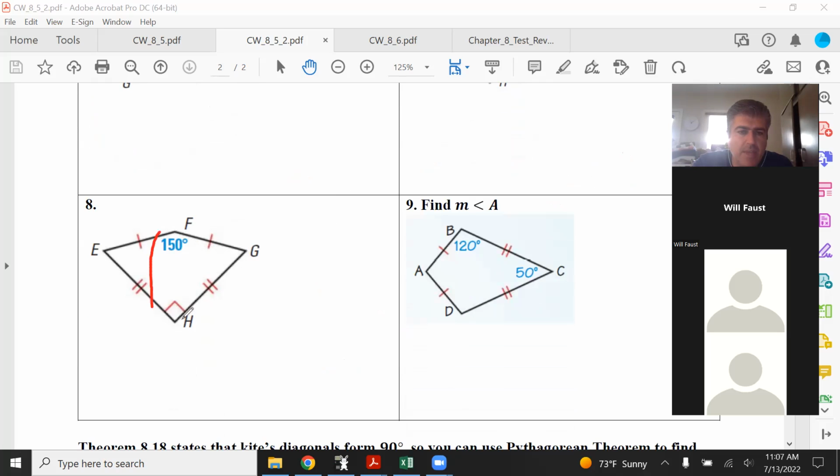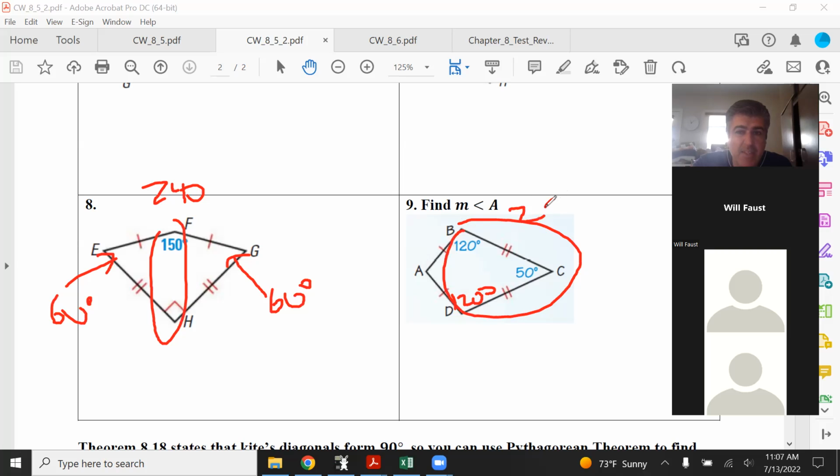That's 150, that's 90, so that's 240. So you got 120 left over, so each of these are 60. Okay, that's 120. So that adds up to 290. So that's going to be 70 degrees right there.